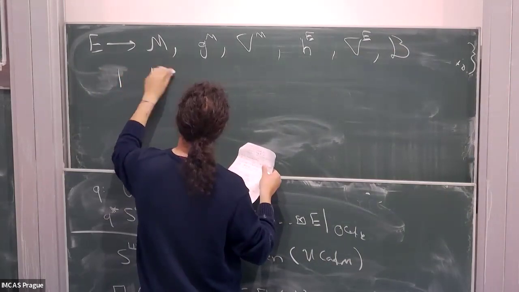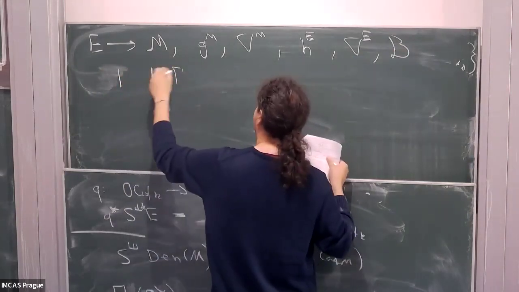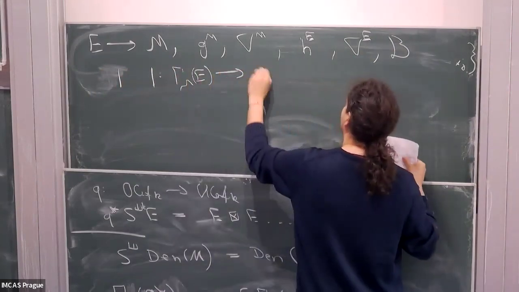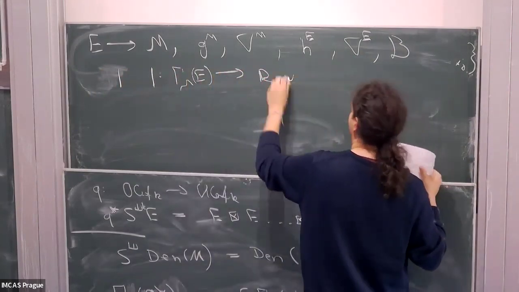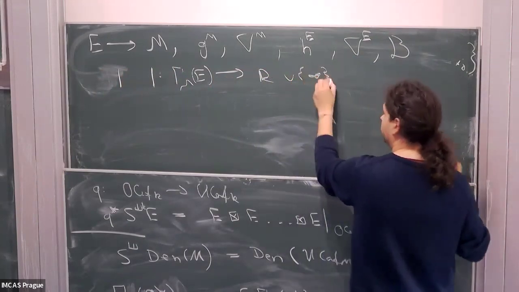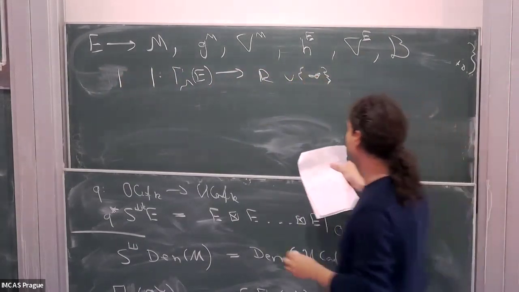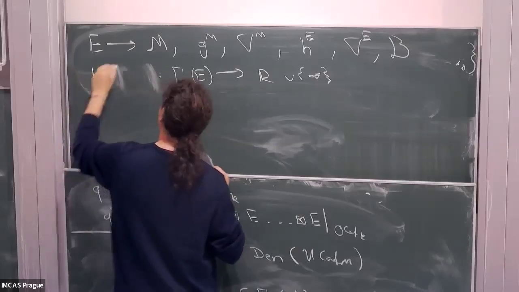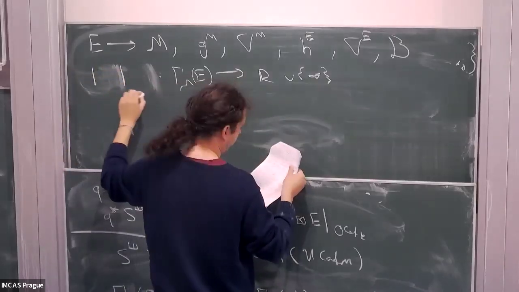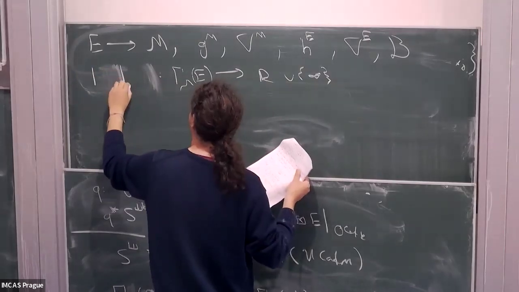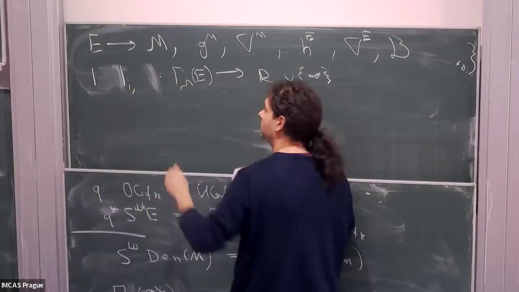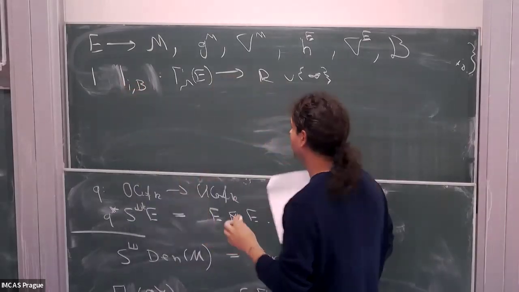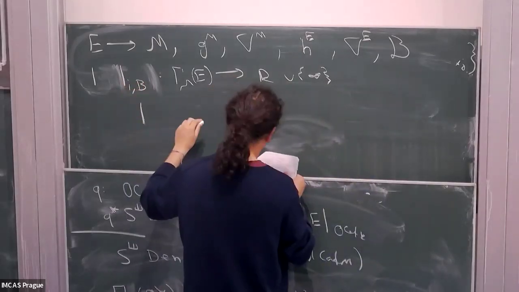We define seminorms from Gamma(E) to R together with infinity, which are indexed by an integer i and a bounded set B. And they're defined as follows.